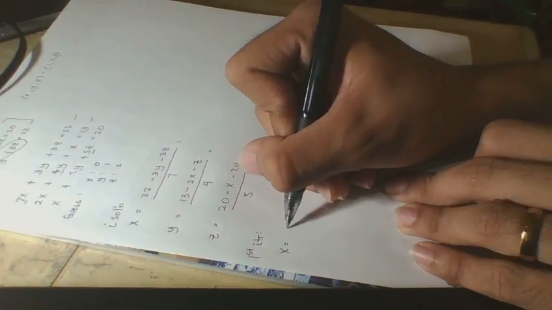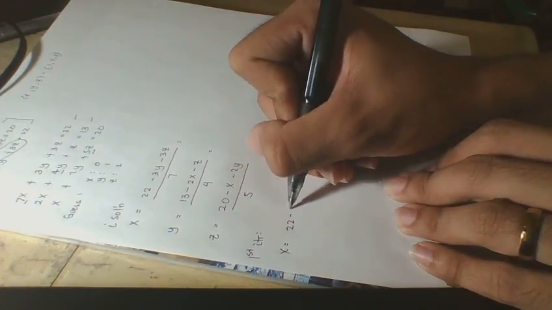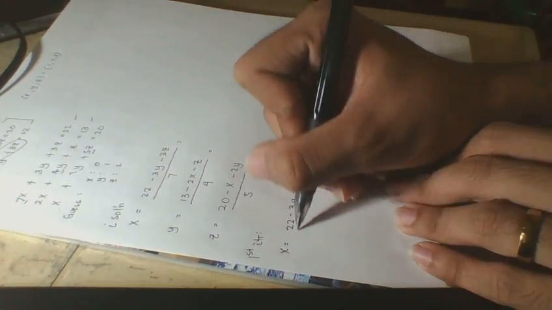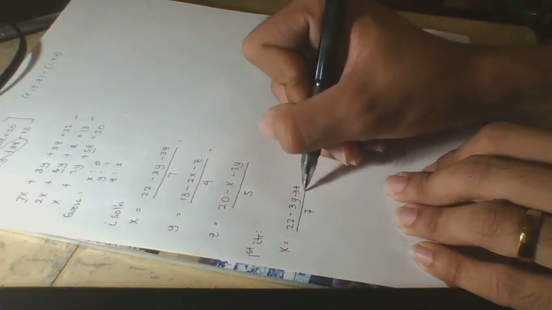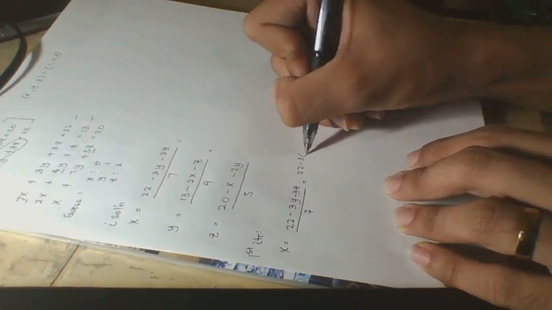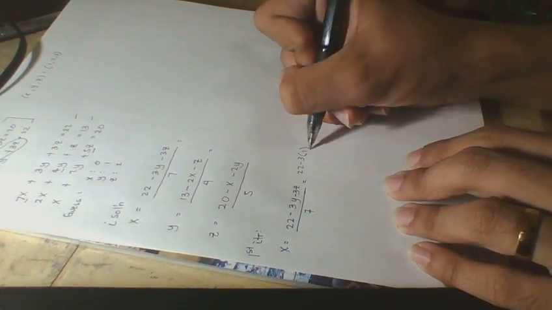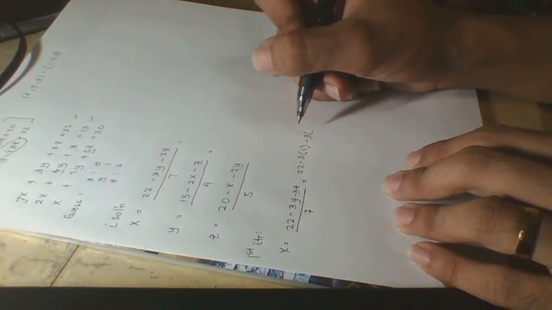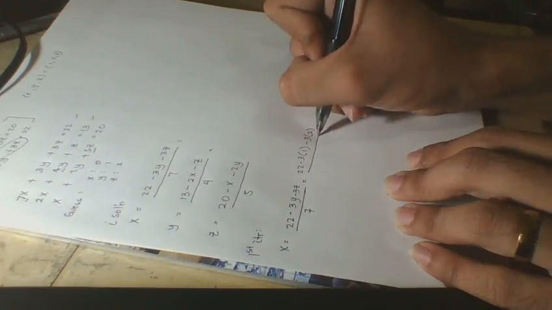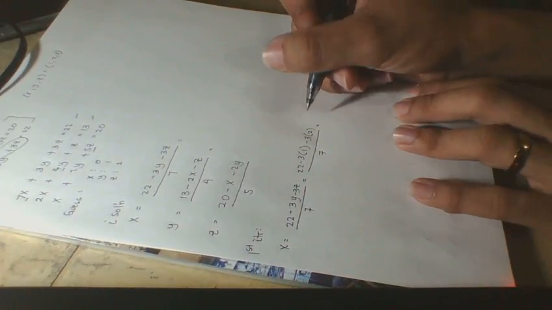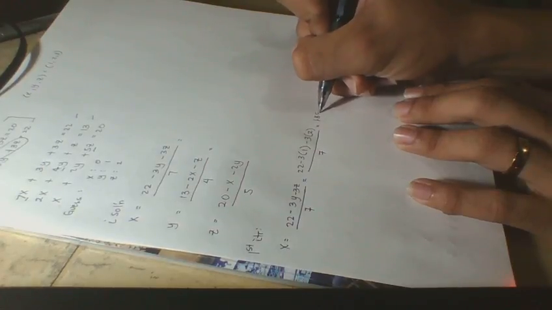Now, x will become 22 minus 3y minus 3z all over 7, which will become 22 minus 3 times the value of y, which is 1, minus 3 times the value of z, which is 2, all over 7. Now we will get 1.8571.